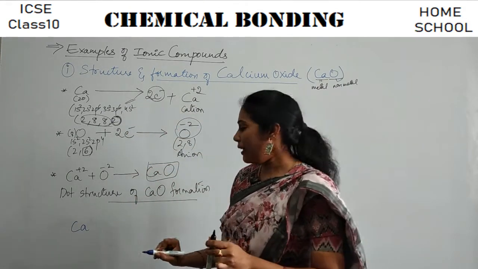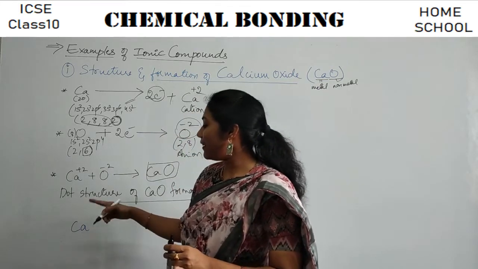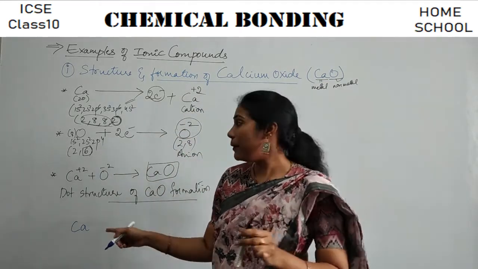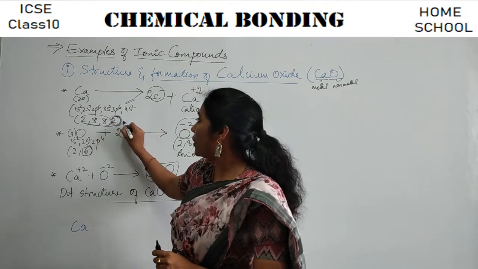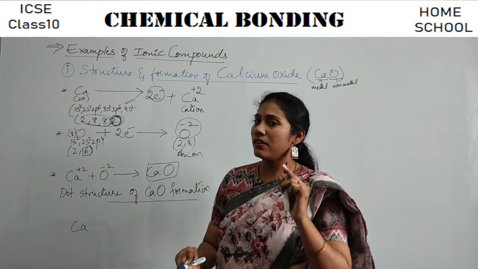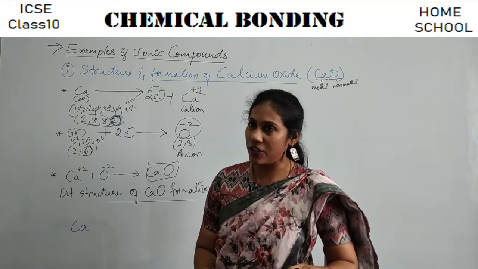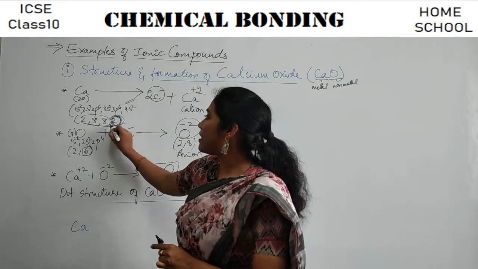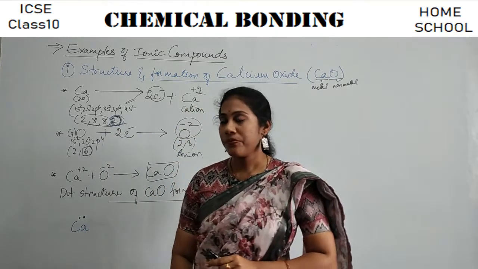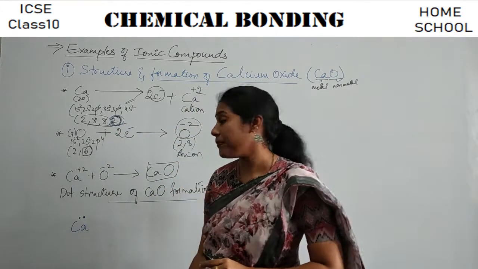So very simple, we will just put the symbol and we will indicate certain dots. How many dots will you put? It should be equal to the number of electrons in the last shell. For that also you must understand electronic configuration, right? So in the last shell you have 2 electrons, right? So we will put 2 dots. This is the dot structure of calcium.